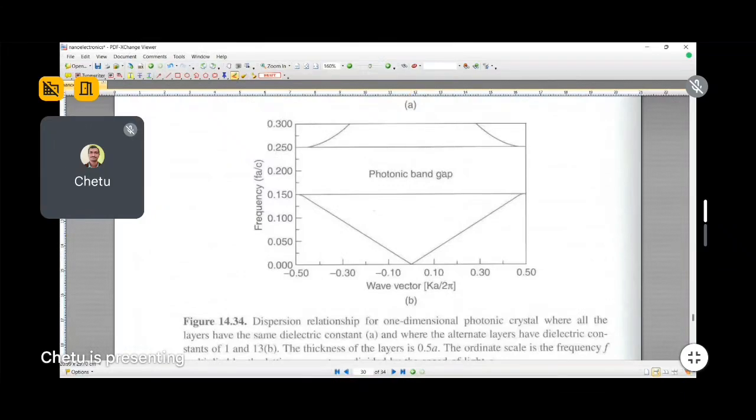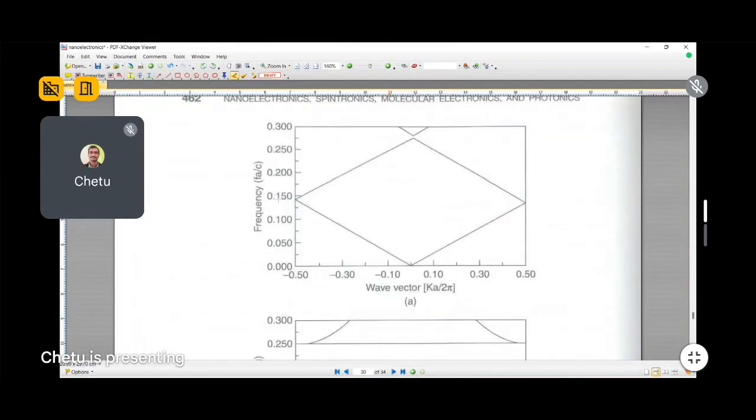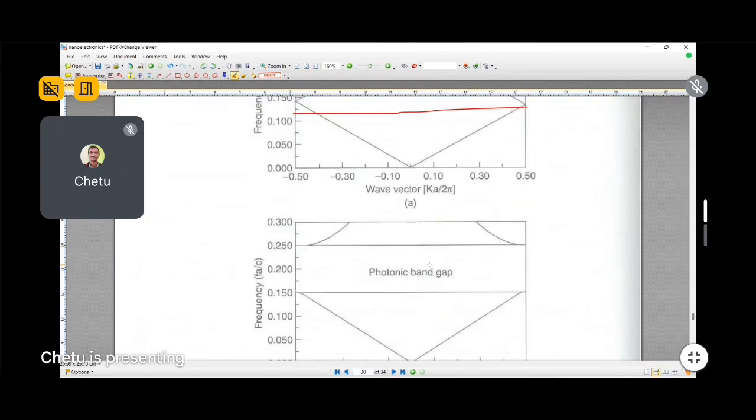Again, in this case, photonic band gap. So one of the ideas is that you have some material, and what you do is that you remove. This is one particular material with one dielectric constant. Now you just remove certain area of this material. So what will happen now?